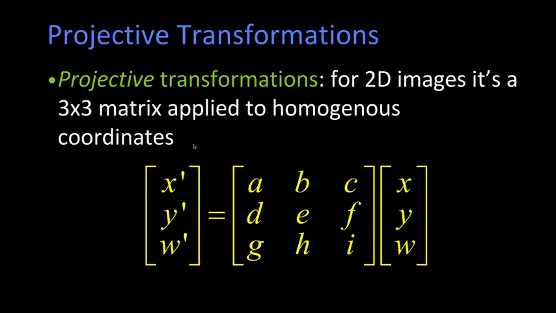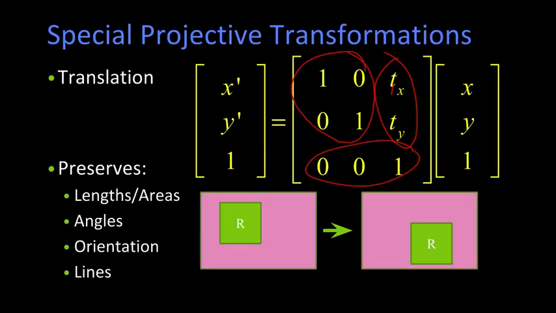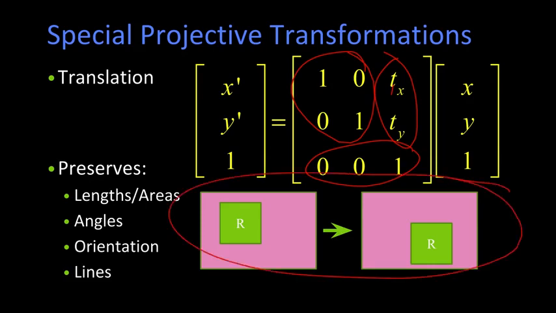So using this general framework, we can look at all of the transformations. Let's go back to translation. Translation in this framework is just the identity matrix up here, the translation there, and the 0, 0, 1 there, and we go from x, y, 1 to x prime, y prime, 1. In fact, we didn't have to do any division because we maintained that 1. And that's drawn with this little picture where we take this square and translate it around.